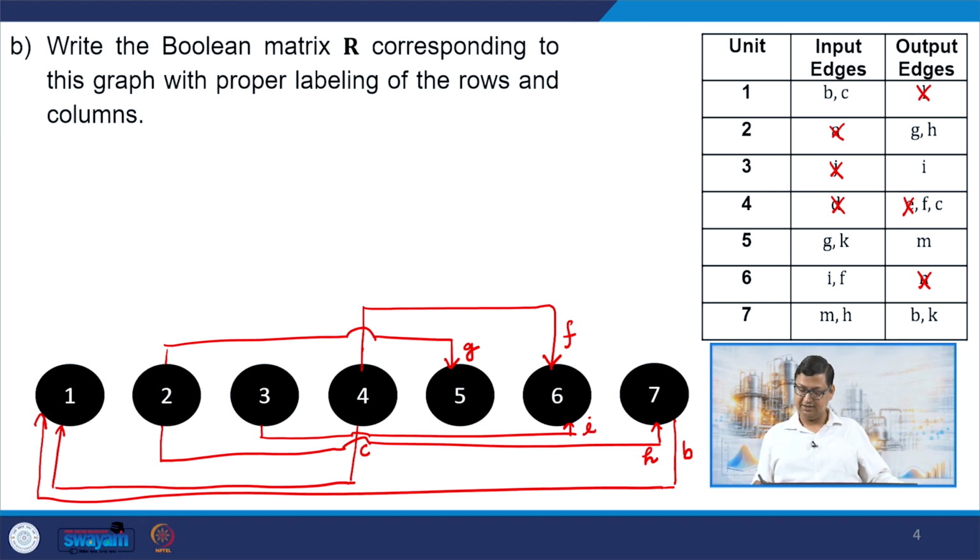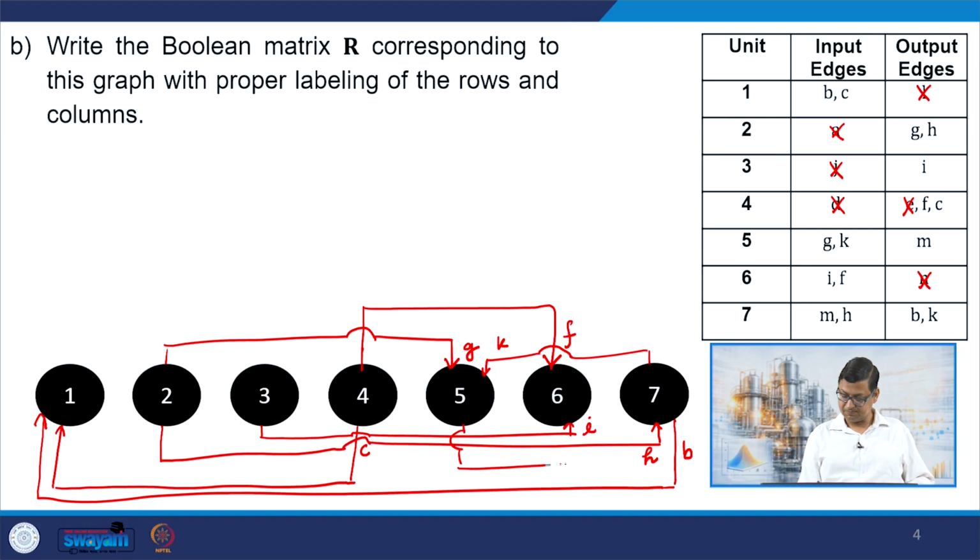And J is an interface. K is coming from 7 to 5. L is an interface. M is coming from 5 to 7. And N is again an interface, right. So, you can basically draw the graph by labeling all the edges.